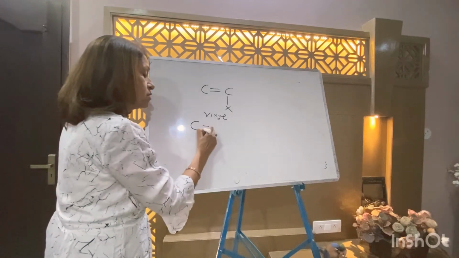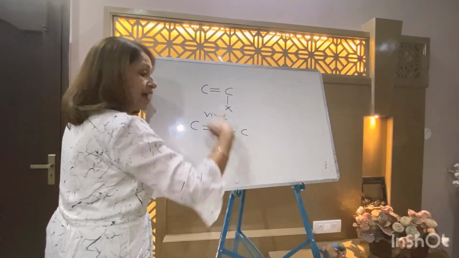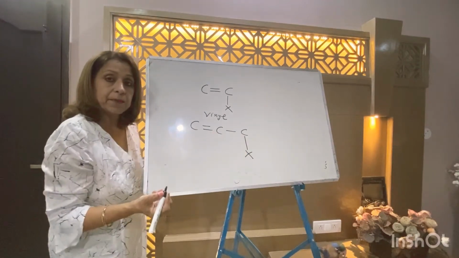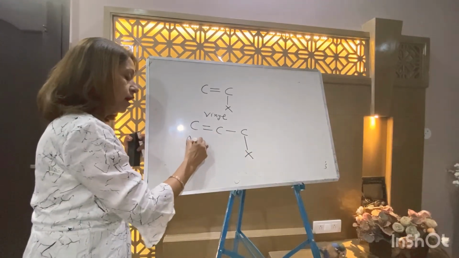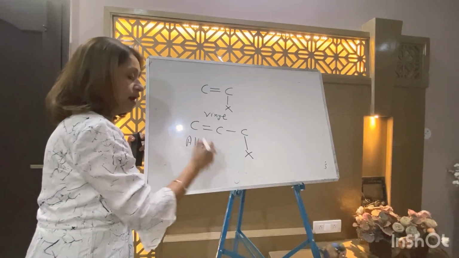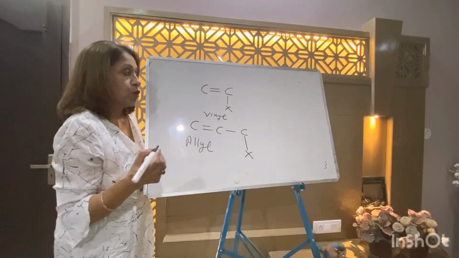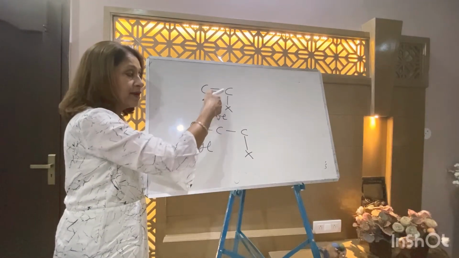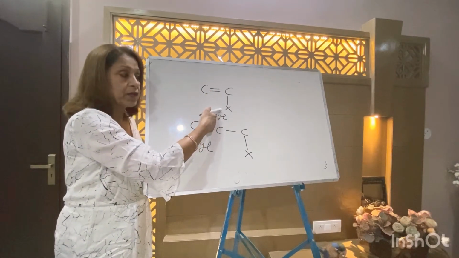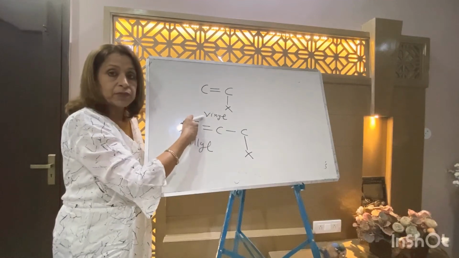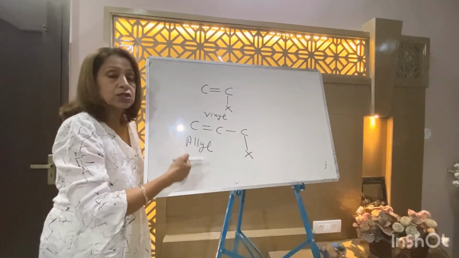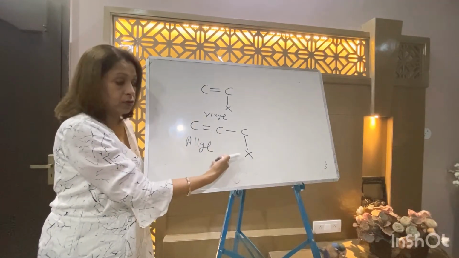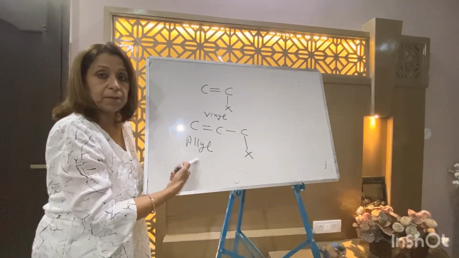But when the functional group is linked with the next carbon to the double bond, it is called allyl. It's an allyl compound. So again listen: sp2 carbon, when linked with a functional group, is a vinyl compound. When the functional group is attached with the next carbon to the double bond, it's an allyl compound.